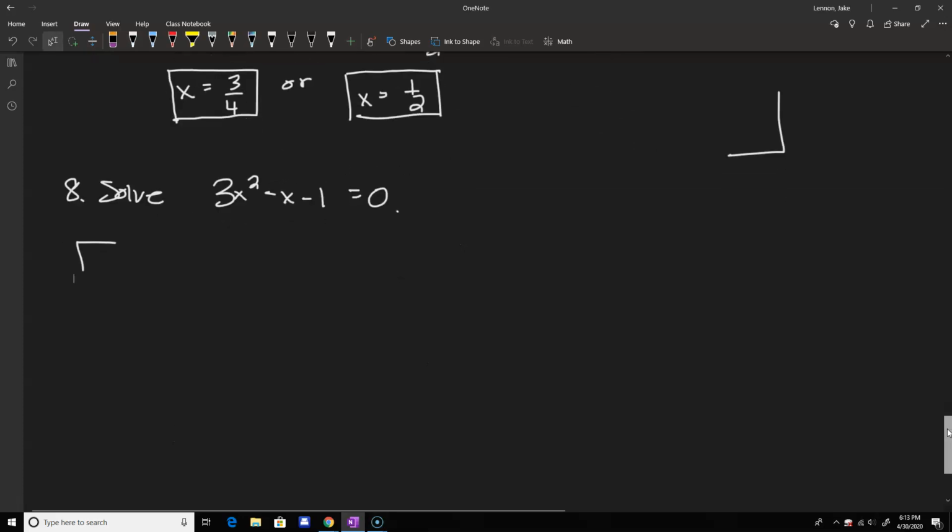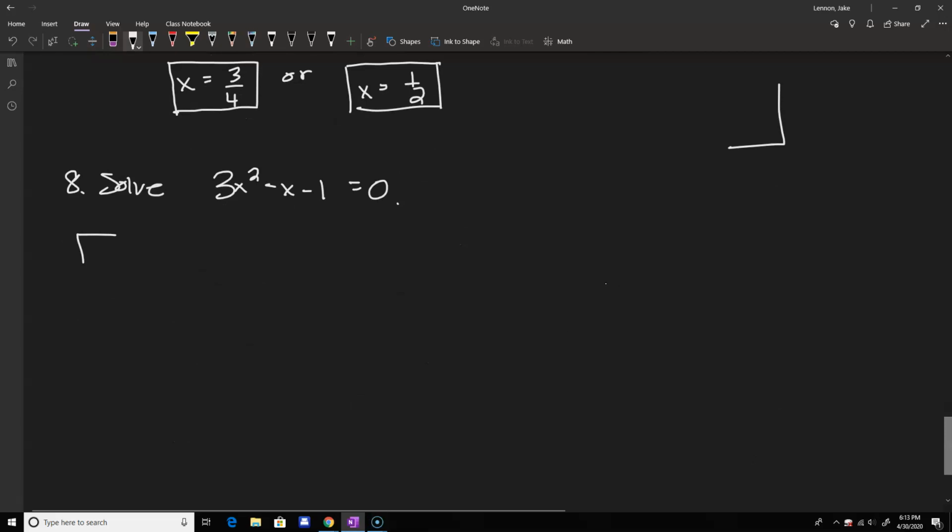So for problem 8, we want to solve using the quadratic formula. So let's remember what the quadratic formula says. It says the solutions to ax squared plus bx plus c are x equals minus b plus or minus the square root of b squared minus 4ac, with everyone being divided by 2a.